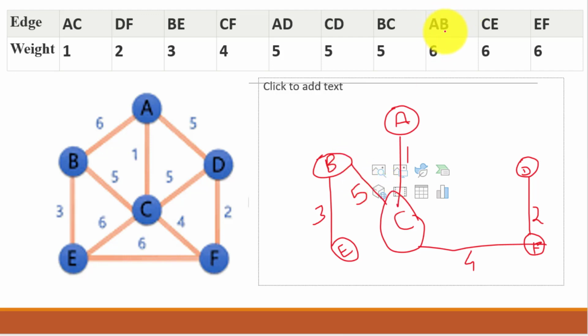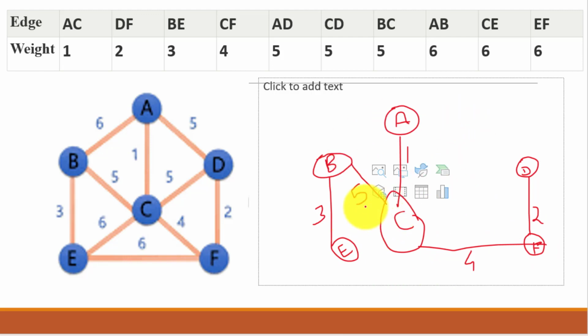Now after that AB 6, now if I connect this AB, I'll get a cycle, so I'm going to discard it. CE is also having a cycle, so I'm going to discard it, and E and F. Now E and F, if I connect this, I'll get a cycle again, so I'm not going to connect this edge.